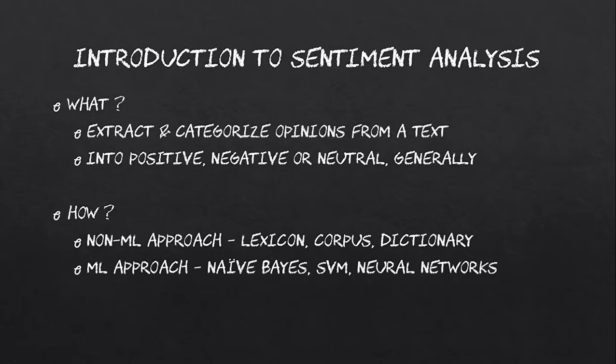First is the non-machine learning approach. In this, we make use of a lexicon, a corpus, or a dictionary for the text classification. And second approach is machine learning approach, in which we actually build and train a model and implement these algorithms such as naive Bayes, SVM, or neural networks.